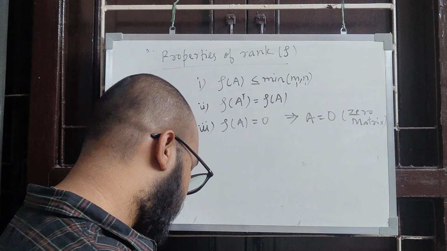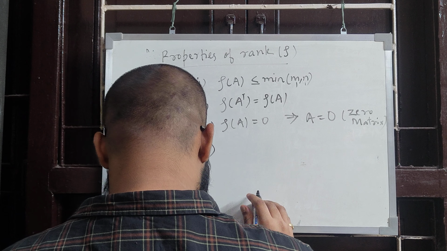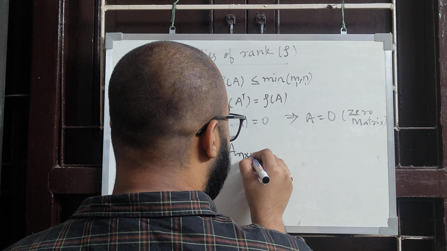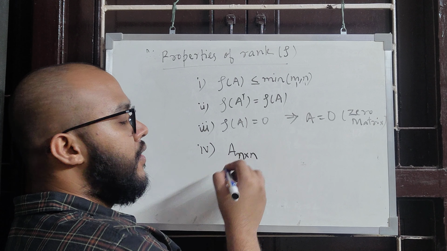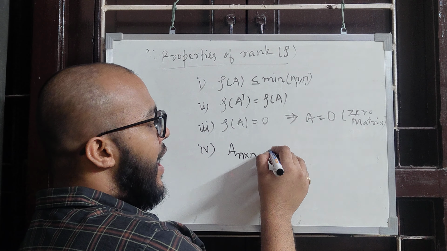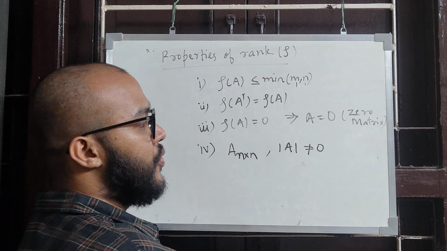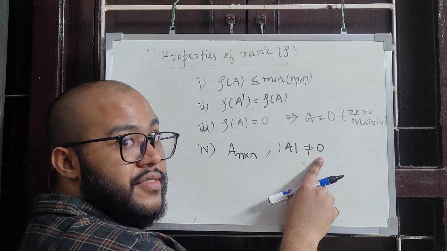Let's look at the fourth property. Suppose there is an n cross n matrix, a square matrix of n cross n, and the determinant of A is non-zero. A square matrix with non-zero determinant.